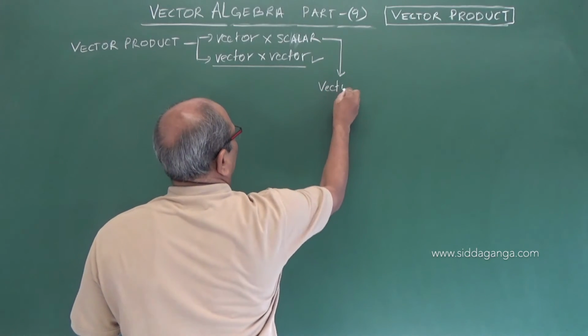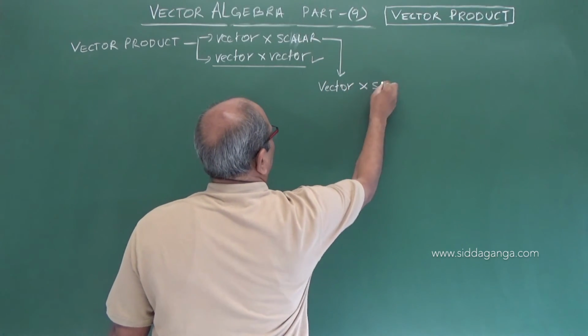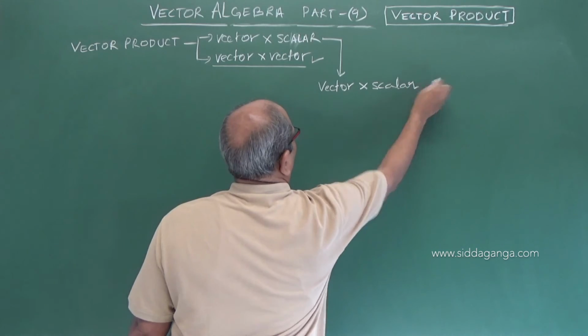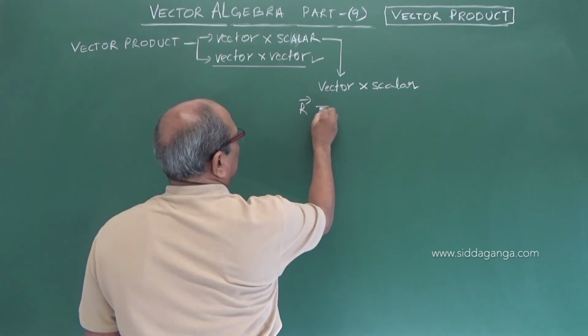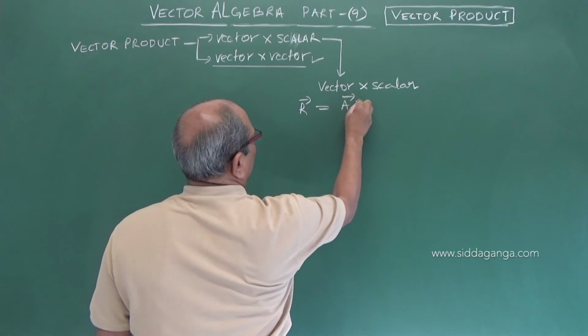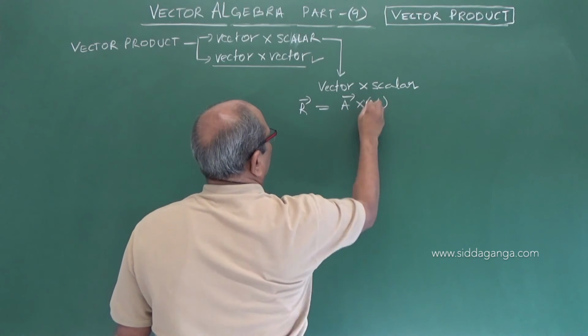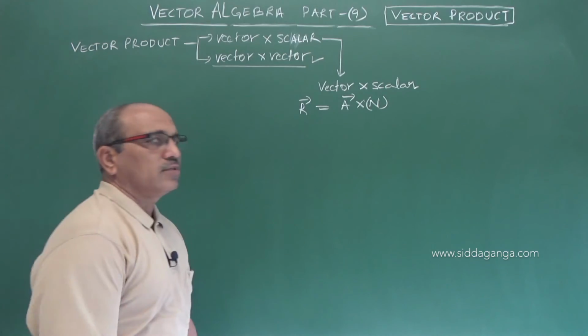Vector multiplying by a scalar. What is the resultant we get? If I take a vector A multiplying by a number n, which is a scalar.